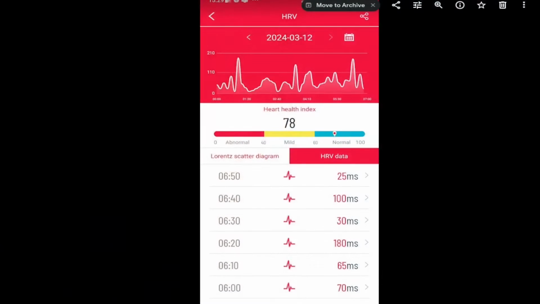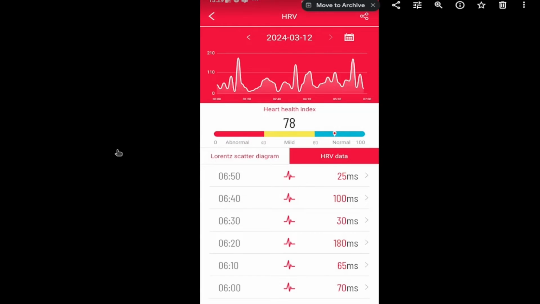So speaking of the heart test, you also have another measurement which takes several measurements per day, like let's say in my case every 10 minutes. What it does, it tries to calculate the heart rate variation, so basically how much variation between every beat, and based on this it tries to tell you if you have any risks, whether it's normal, mild, abnormal.